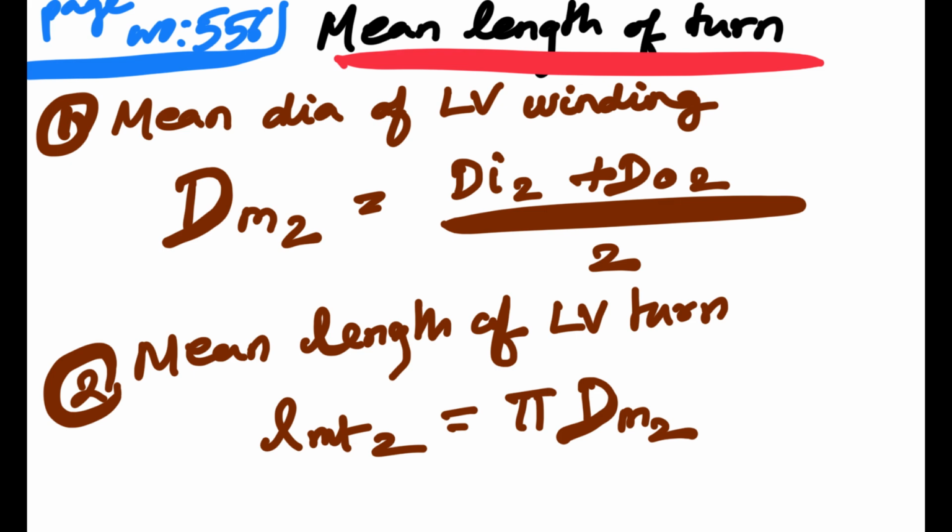Mean length of turn. First point: mean diameter of LV winding, Dm2, is equal to (DI2 plus DO2) divided by 2. Second point: mean length of LV turn, LMT2, is pi Dm2.